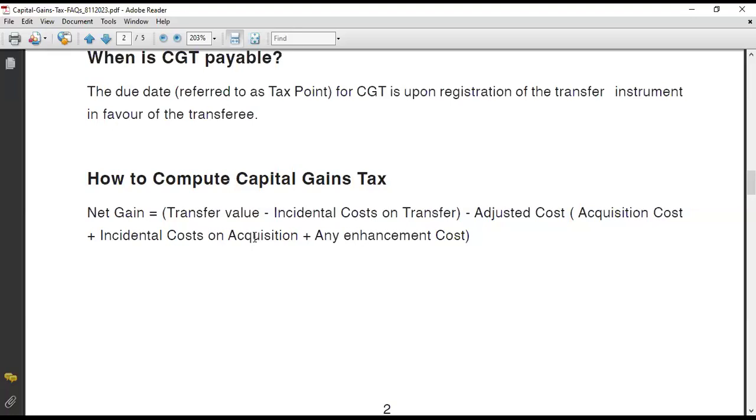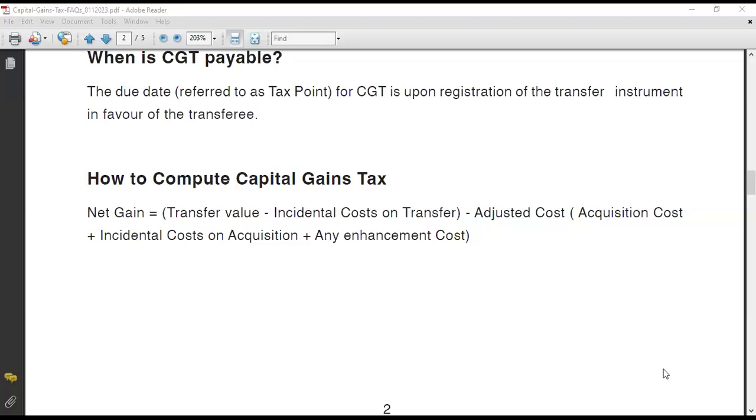So net gain, transfer value. What was the transfer value according to the question? 250 million. So write 250 million. What was the incidental transfer amount? Incidental transfer amount was 17 million.